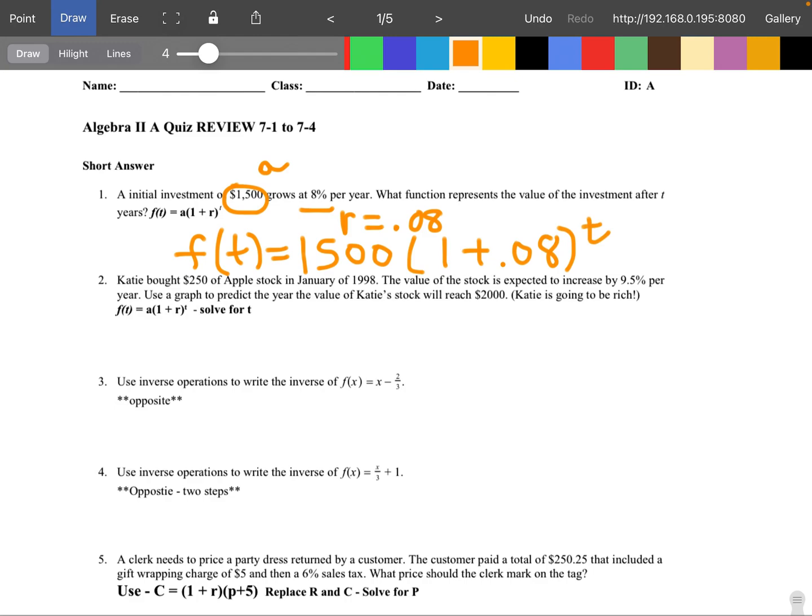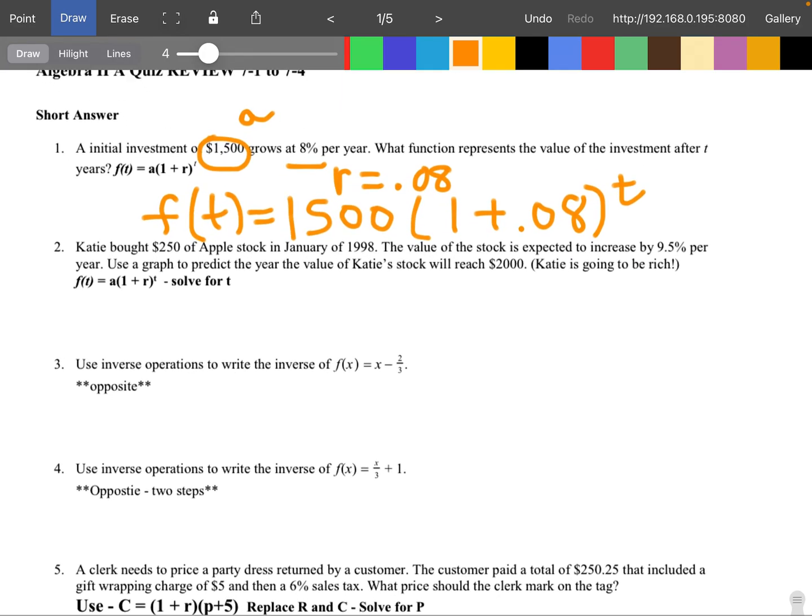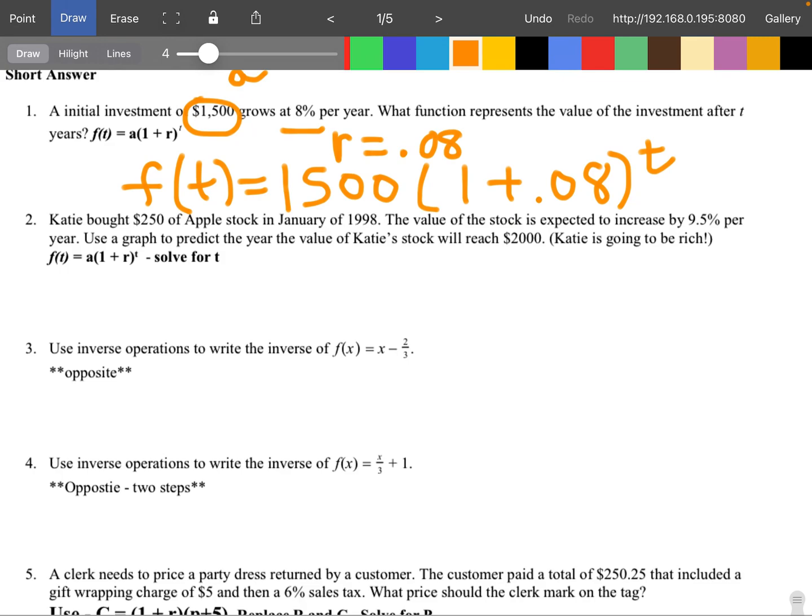Number 2, Katie bought $250 of Apple stock in January of 1998. The value of the stock is expected to increase by 9.5% per year. Use a graph to predict the year the value of Katie's stock will reach 2,000. Katie's going to be rich, but not really.